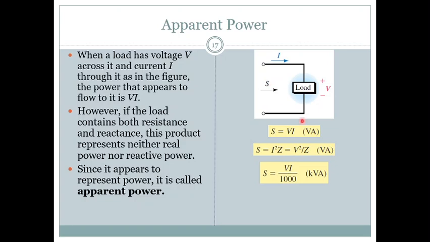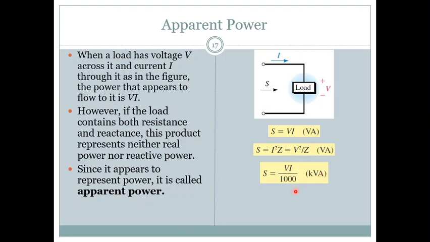So S is equal to V times I. V is the RMS voltage measured at the input, and I is the RMS current going into the load. Two other alternatives can also be used: I squared Z, and V squared over Z. Note that this is not the reactance, because we don't know what combination you have inside the load, so we simply treat it as a general impedance.